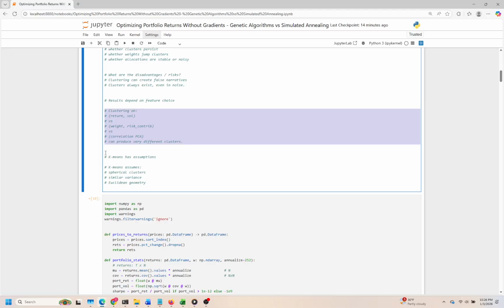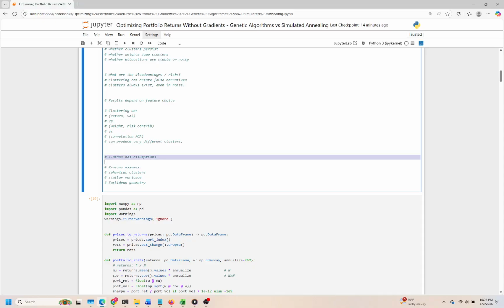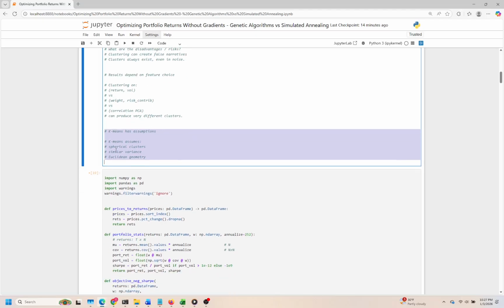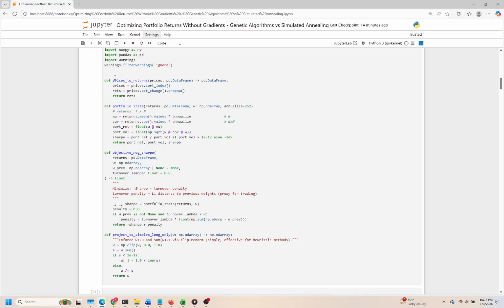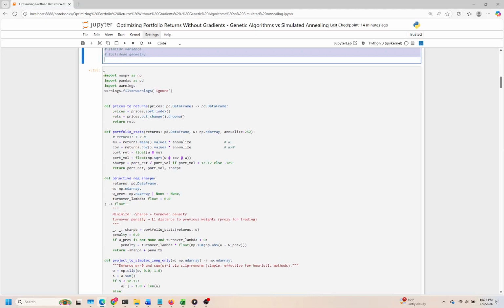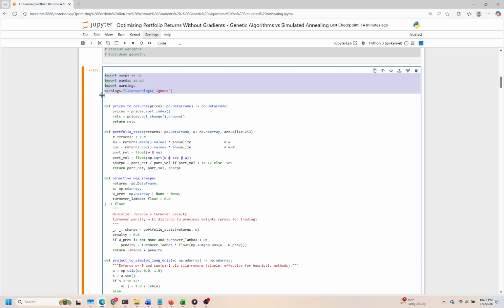Additionally, we need to consider the inherent limitations of methods like k-means, which assumes spherical clusters, similar variances, and relies on Euclidean geometry. As we move forward, the next cell will likely build upon this groundwork, exploring how to effectively implement these concepts in practical applications and diving deeper into the specific methodologies used to understand and govern portfolio behavior.